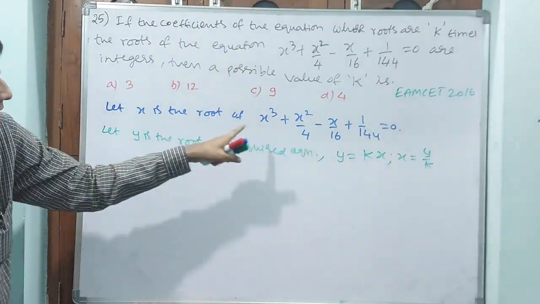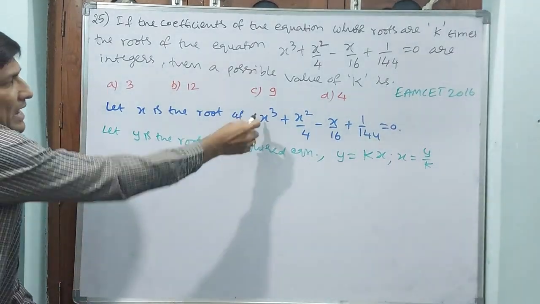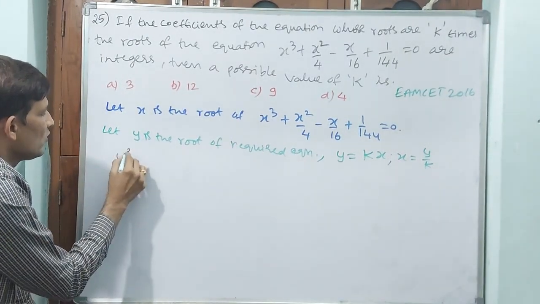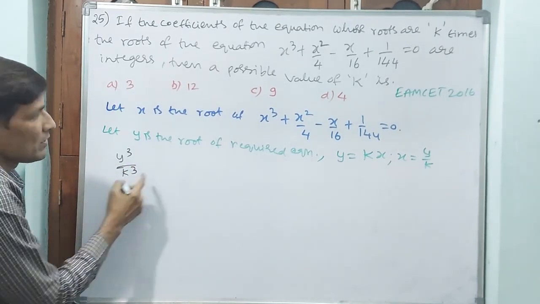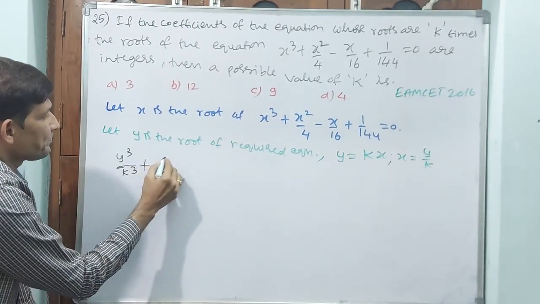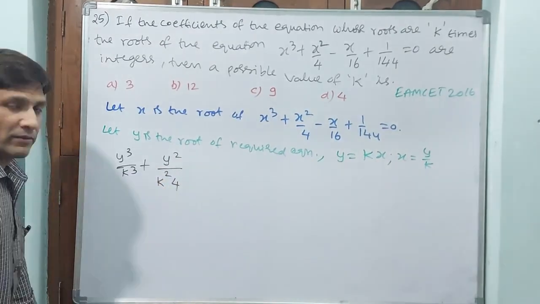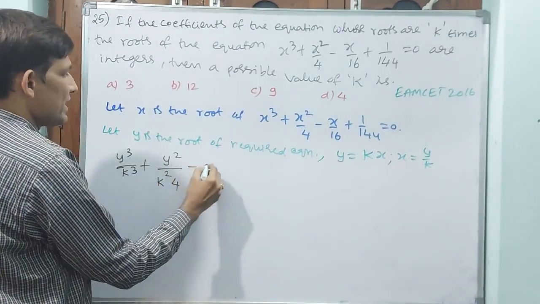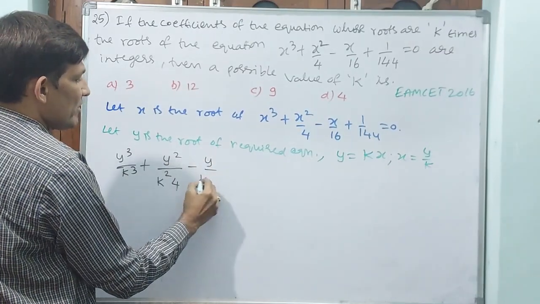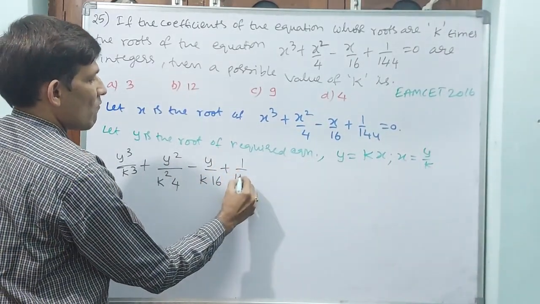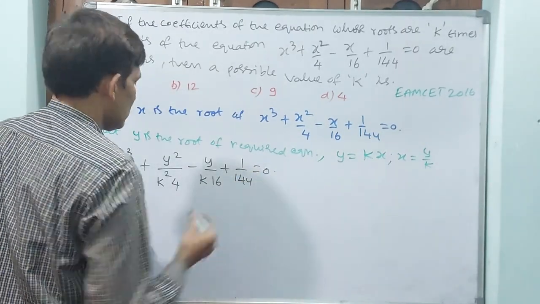Simply x is equal to y by k, you substitute in this. You see what I am doing? (y by k) whole cube plus y square by k square into 4, minus y by k into 16, plus 1 by 144 equal to 0.